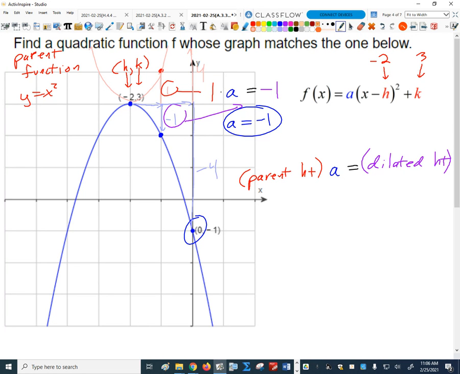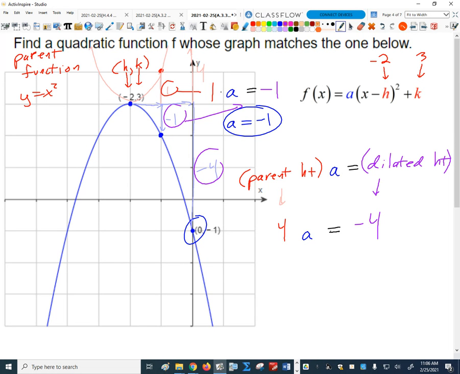So we could make an equation out of that. Our normal parent height should have been 4 times A equals our dilated height, in this case, negative 4. Okay, so what would I do here to solve for A?